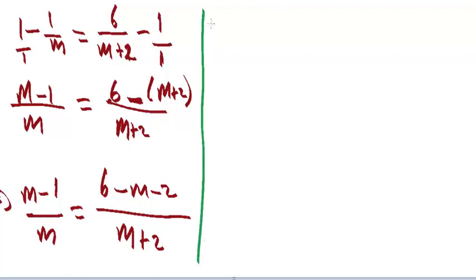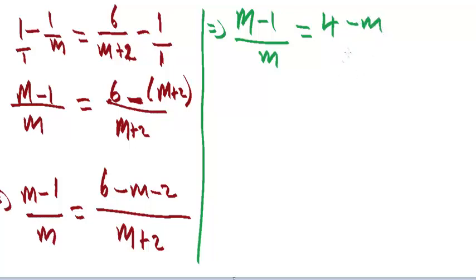That means we have m minus 1 all over m, and then we have 6 minus, here this is negative 2 and this is positive 6, so that will be 4. And this is negative m, so we have 4 minus m all over m plus 2.